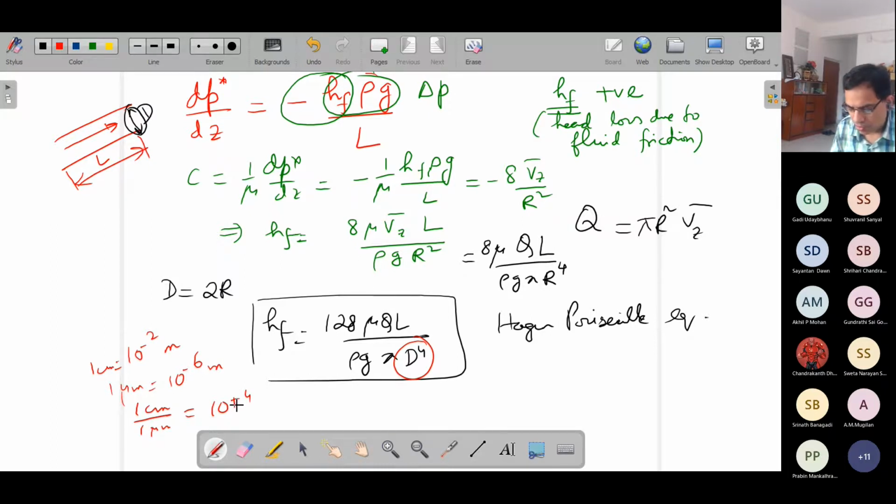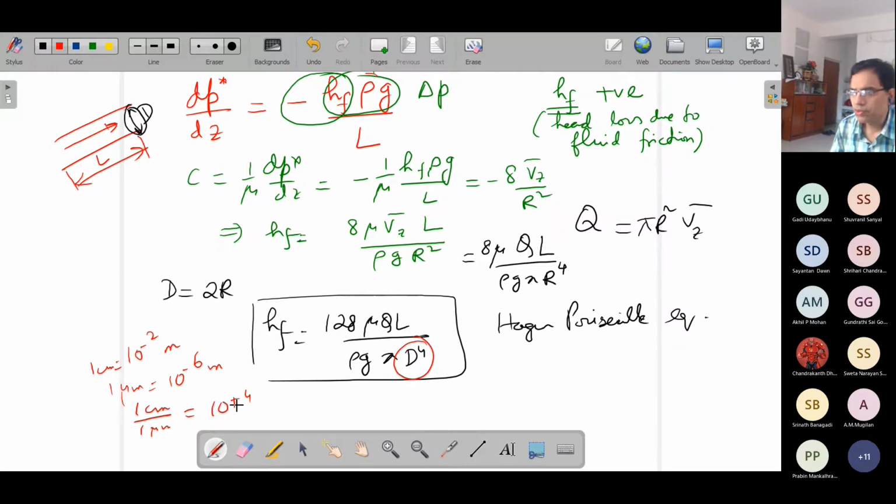So what happens is that if you come down to a dimension of the order of micron, say from centimeter to micron, you are coming down 4 orders, so 10 to the power 4 to the power 4.